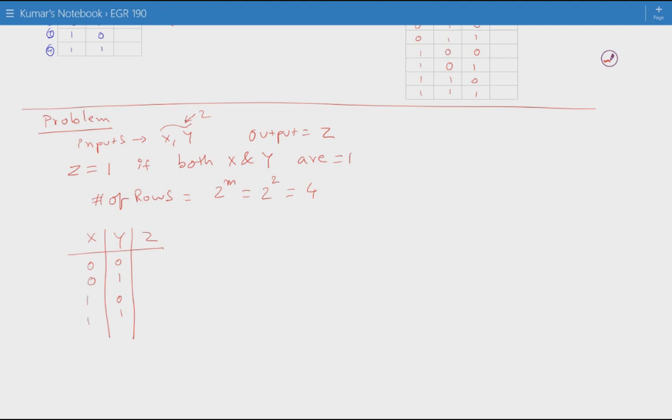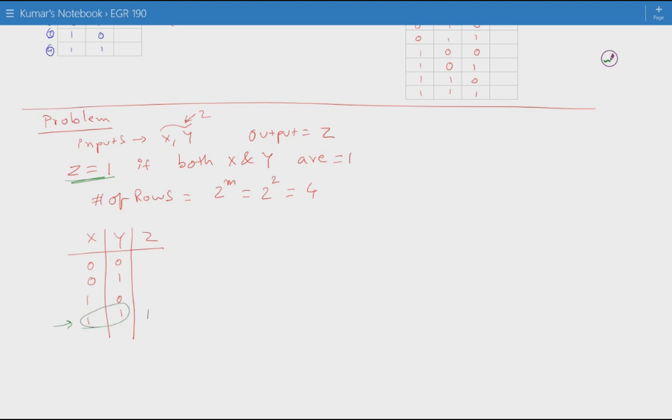Output Z is going to be 1 only if both X and Y are 1. So look at the cell where both X and Y are equal to 1. That is the only case here, the last row. So my Z is going to be 1 here.